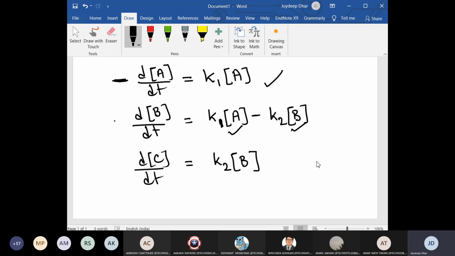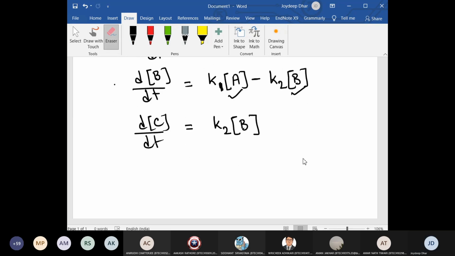So the change of concentration of B will be related to two components, and third is the formation of C. Now I will focus step by step. I will show how the concentration of A will change, how the concentration of B will change, and finally how you can get the concentration of C.